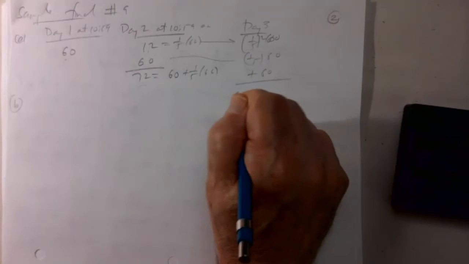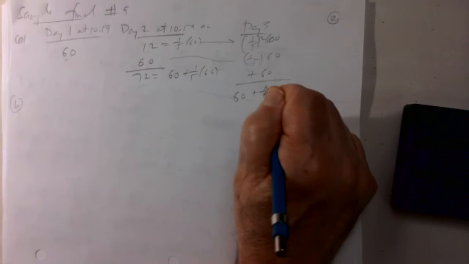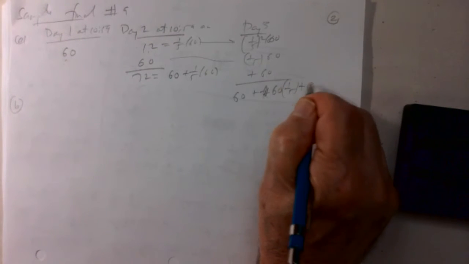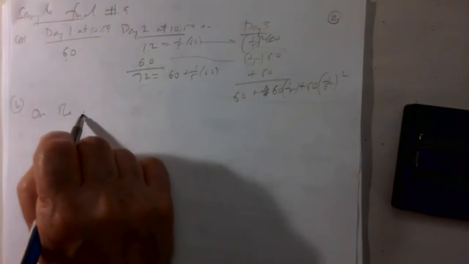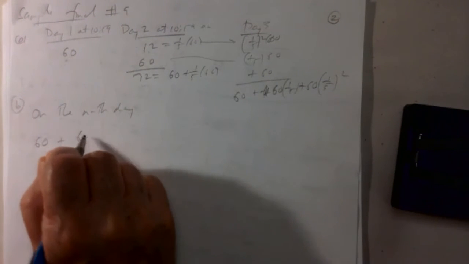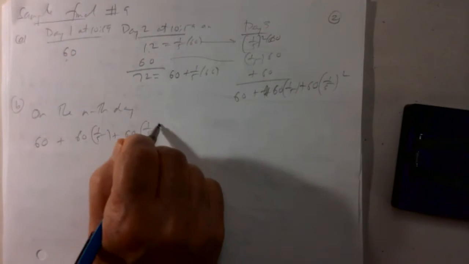So on this day, you have 60 plus 60 times 1/5, plus 60 times 1/5 squared. And in general, on the nth day, the amount you will have is 60 plus 60 times 1/5 plus 60 times 1/5 squared.